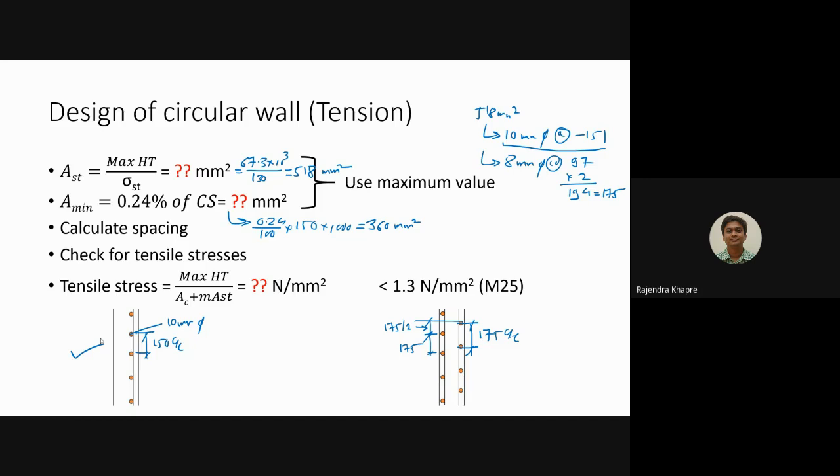Okay, so how much will be the Ast provided now in this case? How much will it come? Just as you calculated the spacing, calculate Ast provided. How much will it come? 523.6. Someone please check.